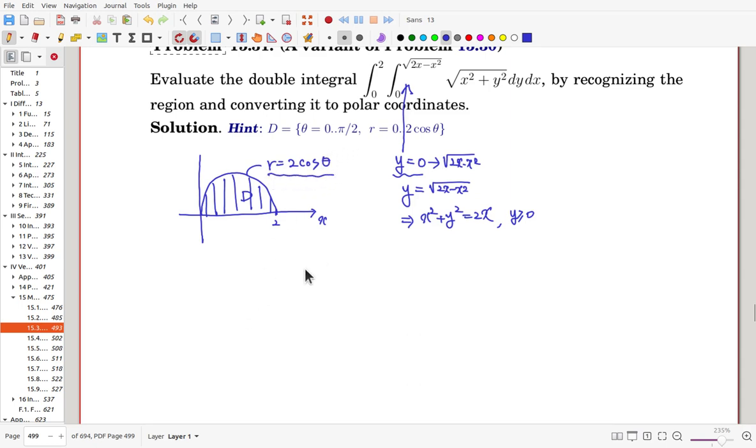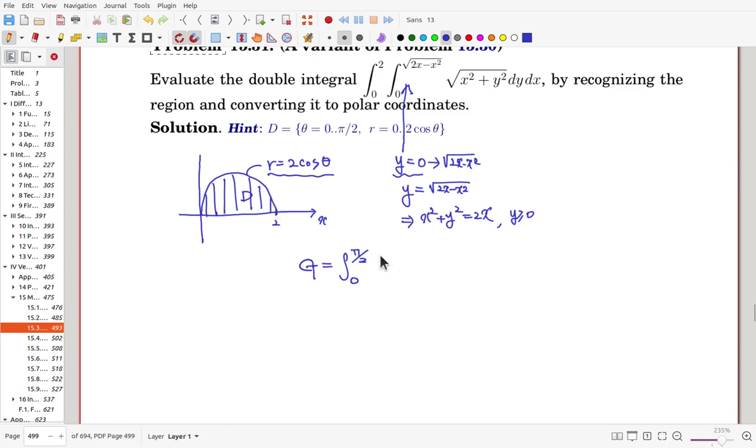So the given integral is the same as, with angle from 0 to pi over 2. In the earlier problem, because of that portion, it was minus pi over 2 to pi over 2. But for this one, y is non-negative, so the angle is from 0 to pi over 2.